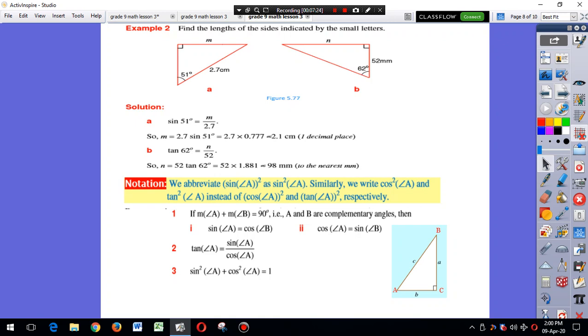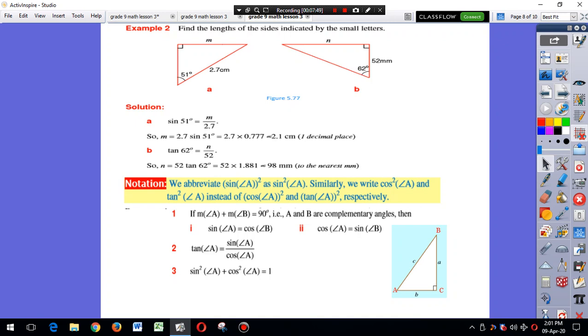If you refer to sine 51 degree from the end of the textbook, we will get the value 0.77. If you multiply 2.7 by 0.77 and approximate to one decimal place, it becomes 2.1. So m is equal to 2.1.